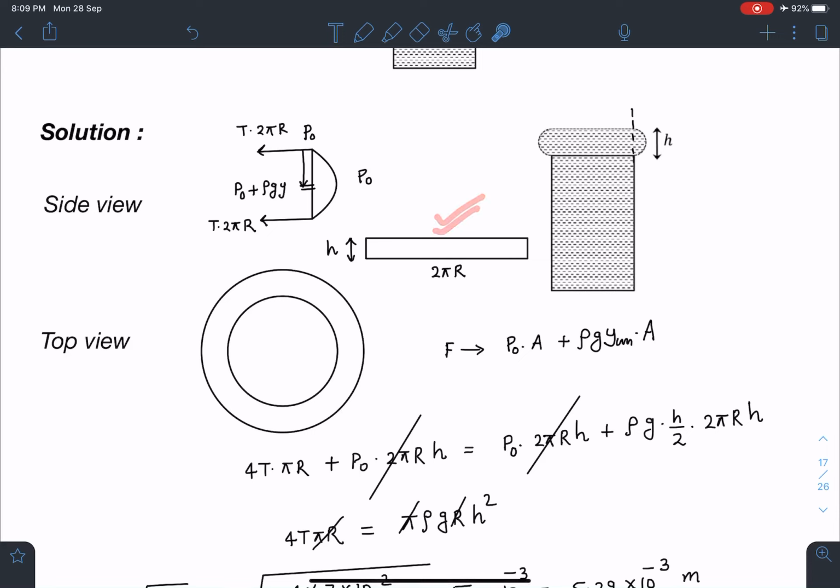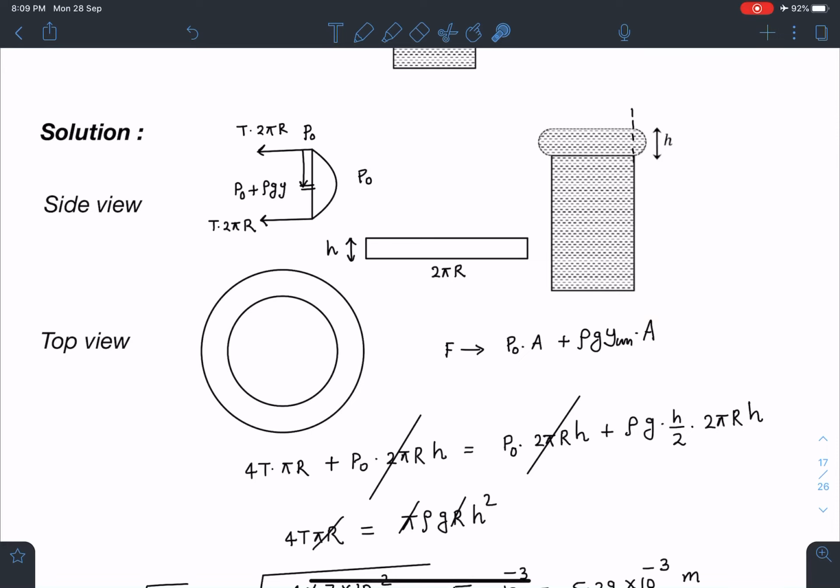When I'm balancing it, one more thing I should remember is that this force is P naught A plus rho g y_CM into A due to this changing pressure. You can use average pressure also, but those who are studying with me will remember these methods very quickly. When we solve it, the rho g y_CM into A term comes.